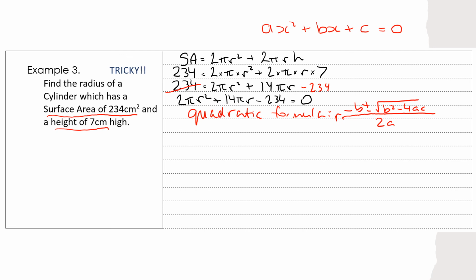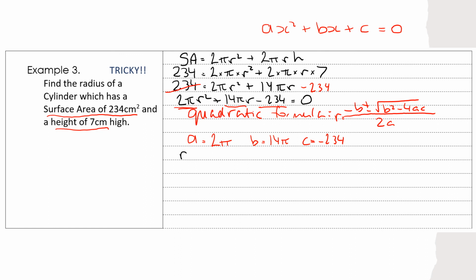So let's figure out what each term is going to be. Our a term is 2 pi. Our b term is 14 pi. And our c is negative 234. So let's sub all of the values into our quadratic formula.